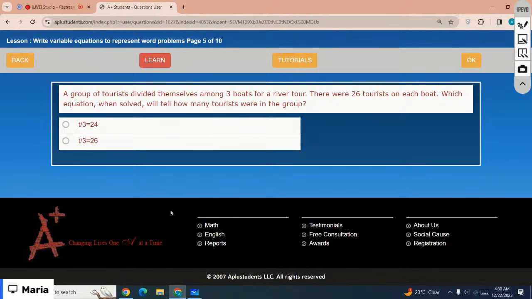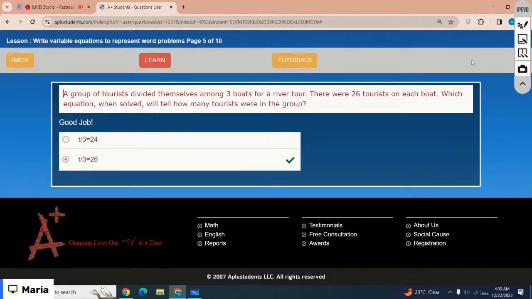Yes, that is option number 2. T divided by 3 equals 26. Option number 2 is the correct option, right?